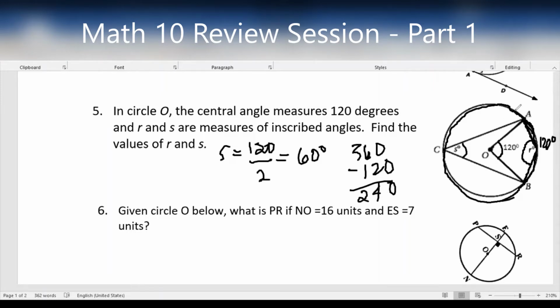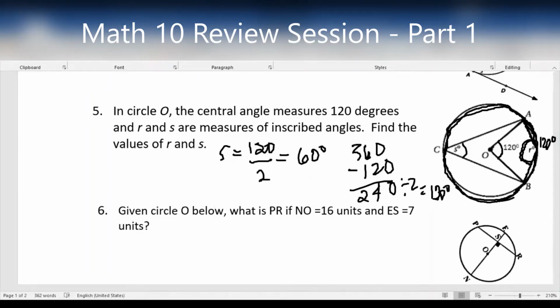I hope you can see my pen. Simply divide by 2, then you will get 120 degrees. So angle R is 120 degrees. Or you can just copy the outside arc, which is 120 degrees.